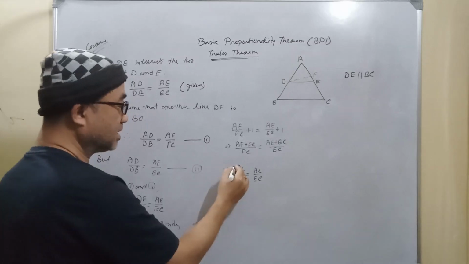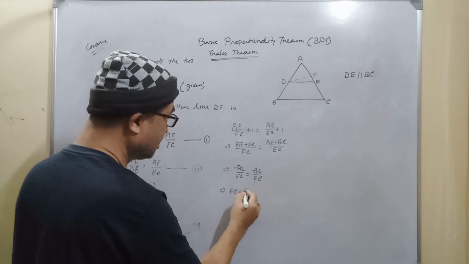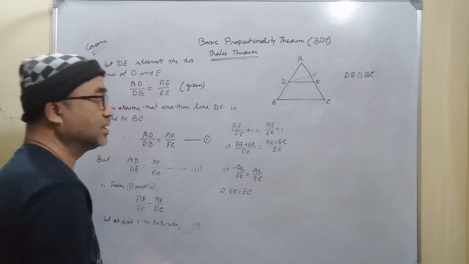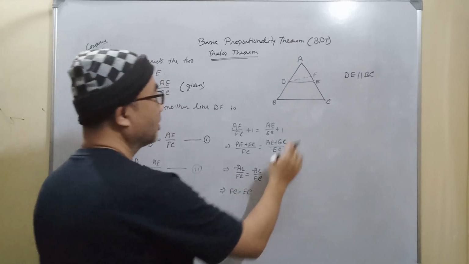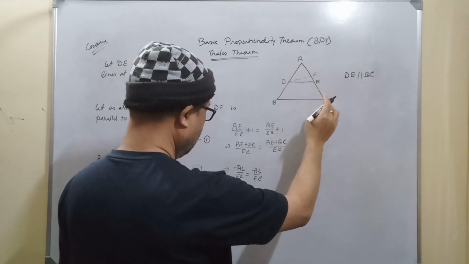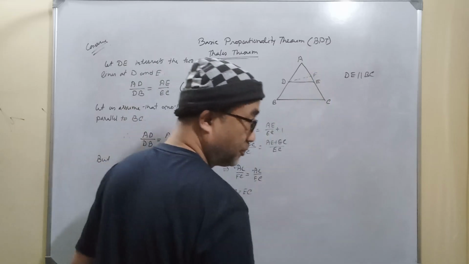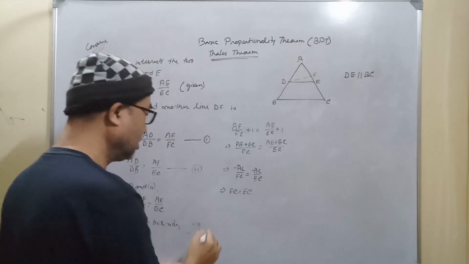Which means FC is equal to EC. So FC is equal to EC. Okay?